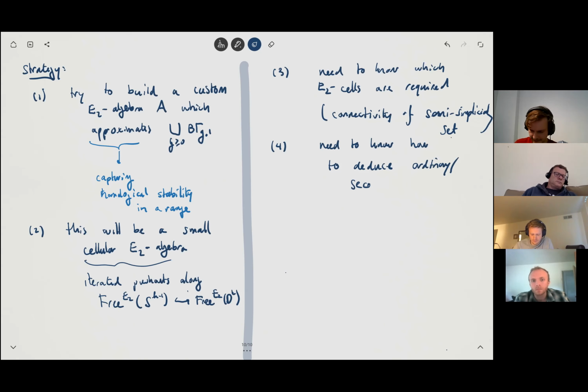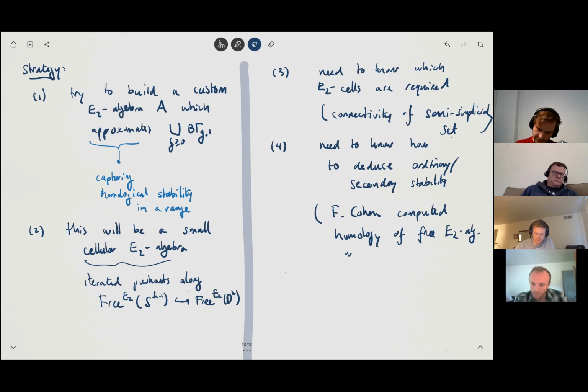And the crucial input here is that Fred Cohen computed the homology of free E2 algebras with field coefficients, in terms of certain homology operations, called Dyer-Lashof operations, and Browder operations in outer brackets.